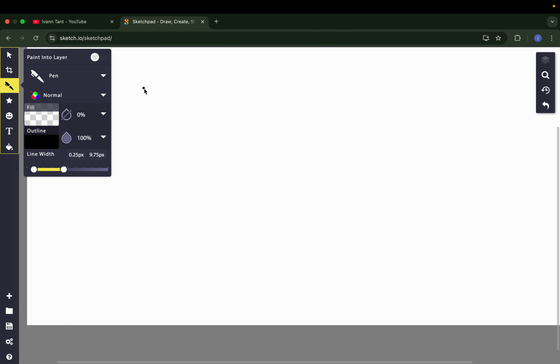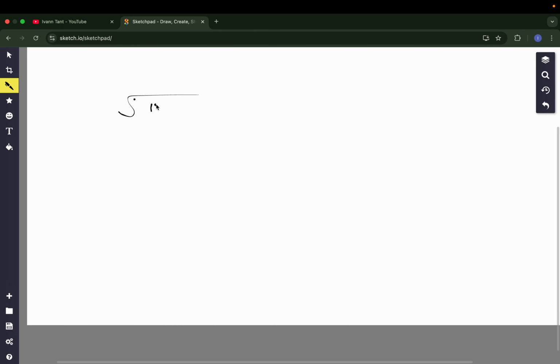But what if it was something like the square root of 100? Well, we'd use the same rule. We would have to find a factor that would square root, like 10 times 10, or 25 times 4, or 50 times 2.